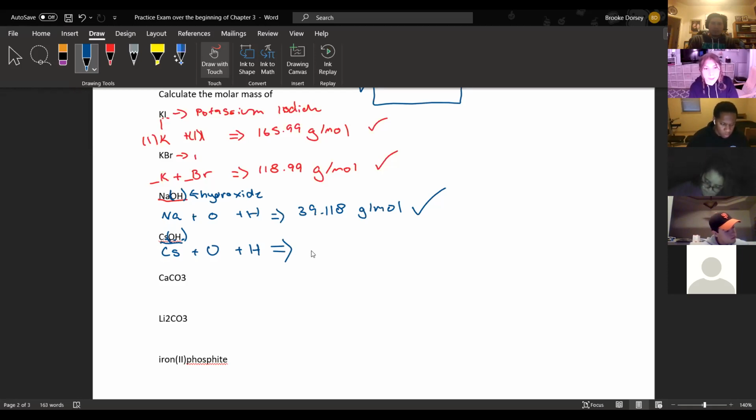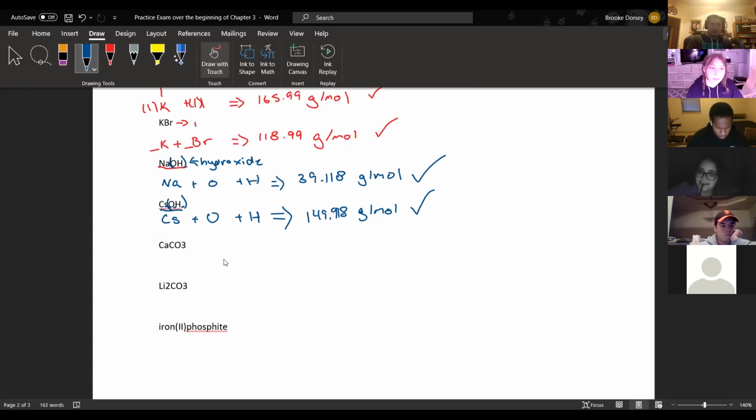I got 149.918 grams per mole. Did anyone else get this? Yeah, I got that.